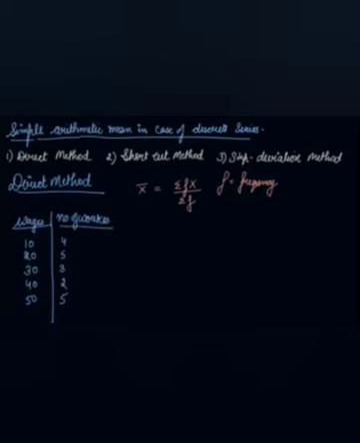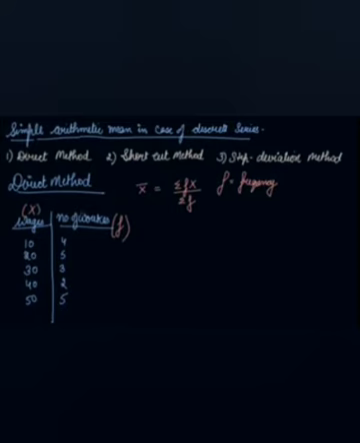The number of workers means the frequency. So wages of rupees 10 is of 4 workers, rupees 20 is 5 workers, rupees 30 is 3 workers. So this is the frequency, and the wages or the variable is x.